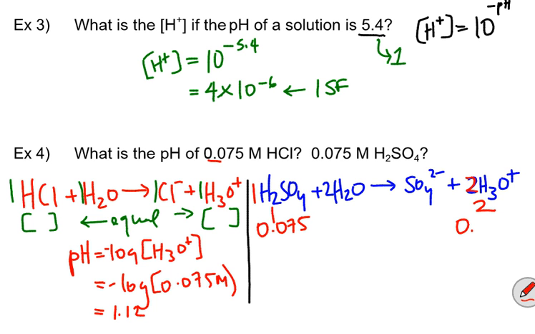So 0.150. Now if I punch that into my pH equation, negative log of 0.150, I actually get 0.24, I believe.